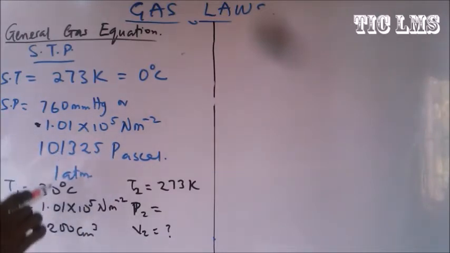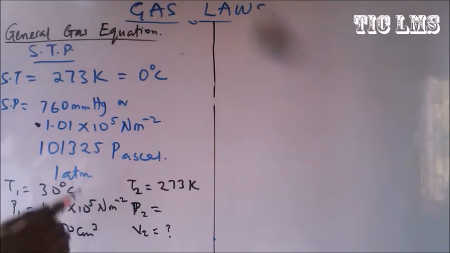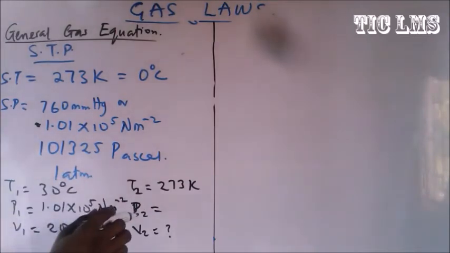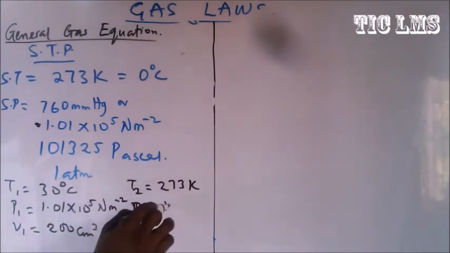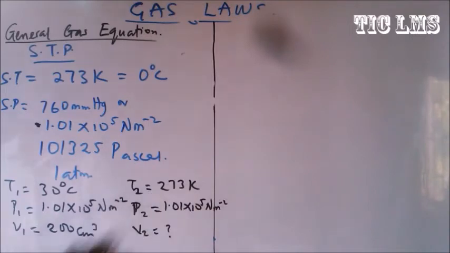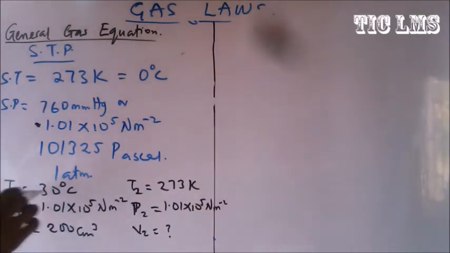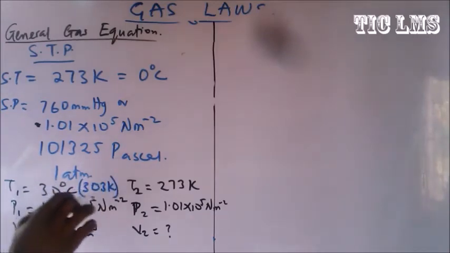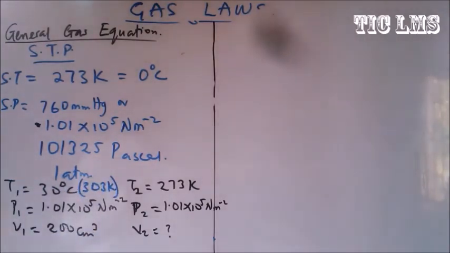If we're given our pressure in atmosphere, we'll use 1 atmosphere as the standard pressure, and so on. So the standard pressure we are going to use here is 1.01 times 10 to the power of 5 Newton per square meter. Next, we have this temperature in degrees Celsius, so we need to convert it into Kelvin, and that is done by adding 273, and that gives us 303 Kelvin. And so that's what we are going to use for the initial temperature.